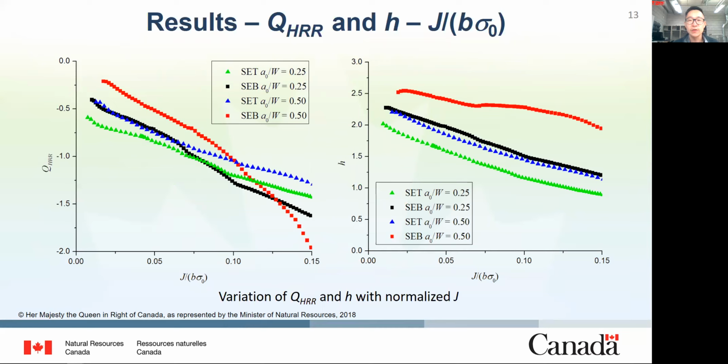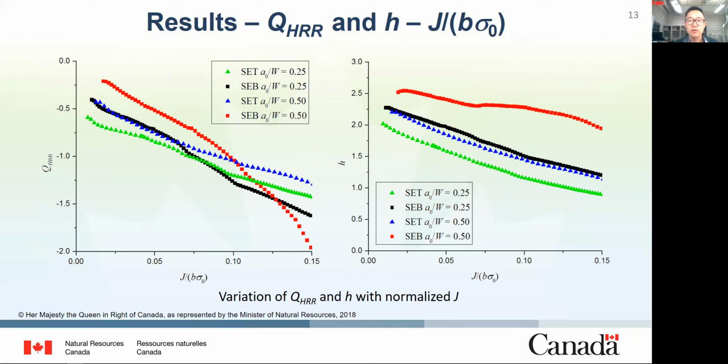Now we're showing the variation of different constraint parameters with normalized J values. The left figure shows the constraint parameter QHRR is much lower for the shallow cracks than for deep cracks in both SEB and SET specimens.